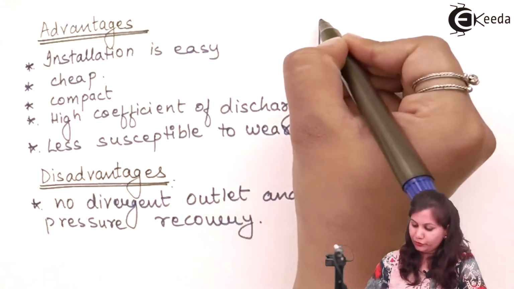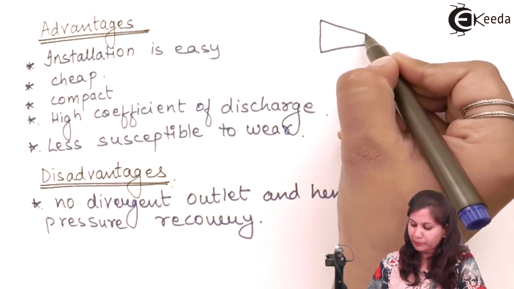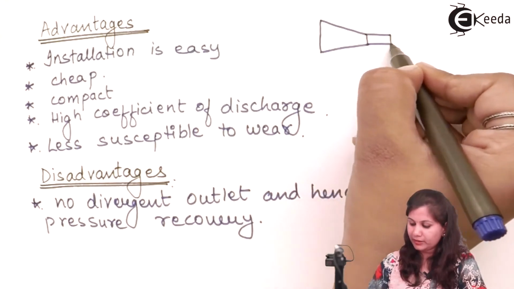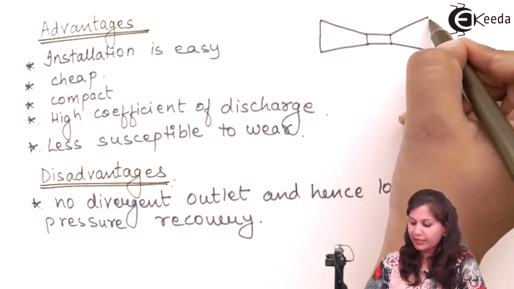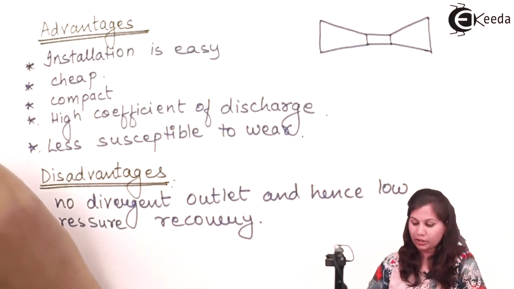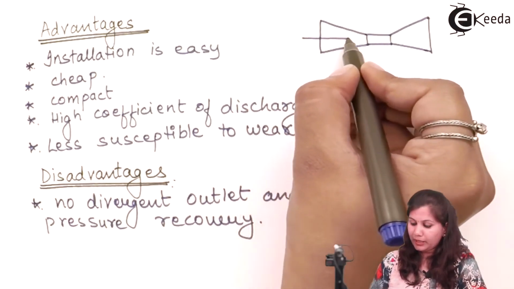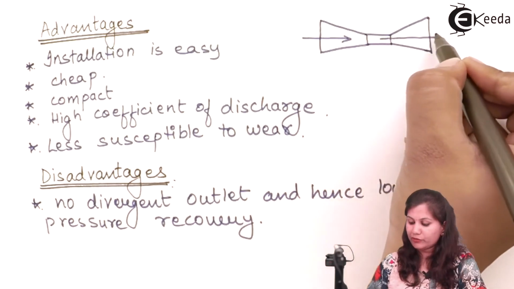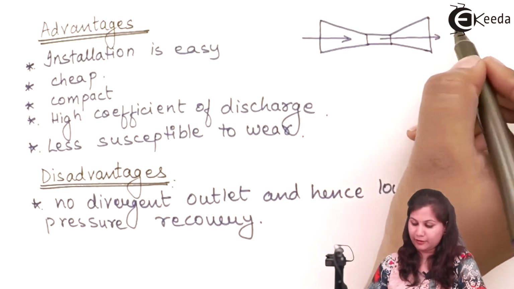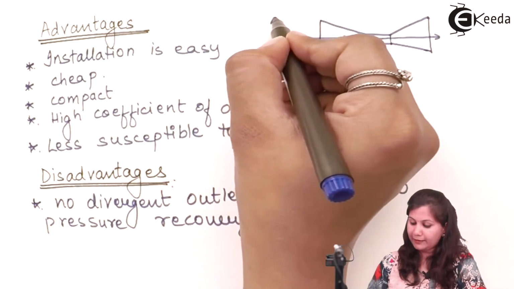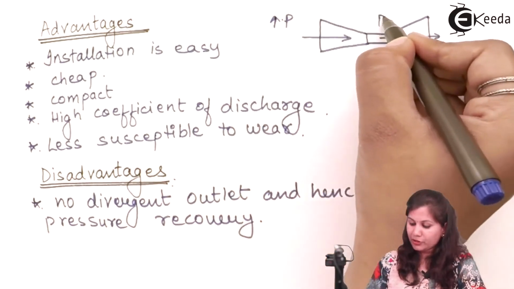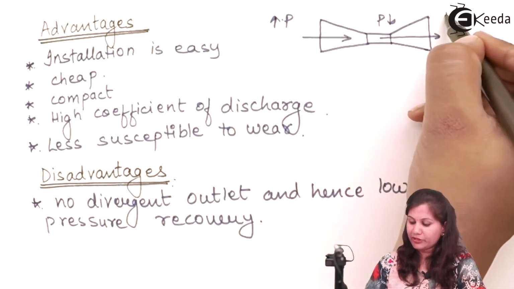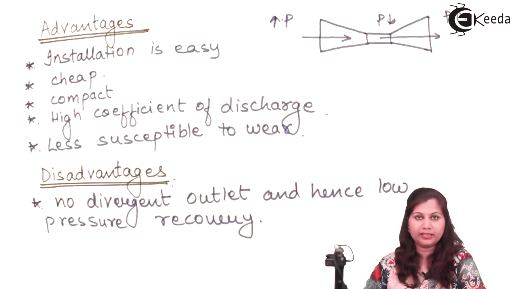In the venturi tube we have a converging part, then a throat, and then a diverging part. Due to the converging part and throat the pressure decreases, but due to the diverging part the pressure is increased again.